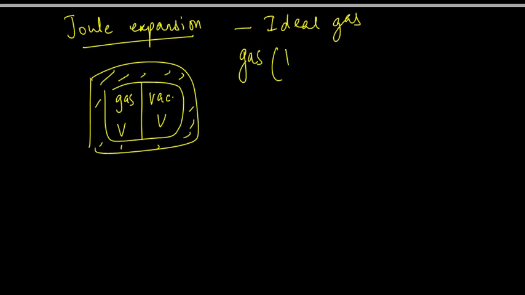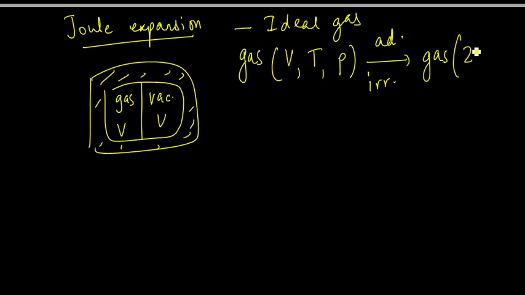So the gas is at volume V, let's say temperature T, pressure P, and the Joule expansion is an adiabatic expansion. There is no heat exchange, it's an isolated system. It's irreversible, it's against vacuum. The volume becomes 2V, temperature remains the same, because you remember delta U was 0.